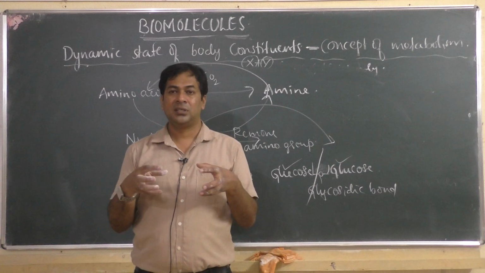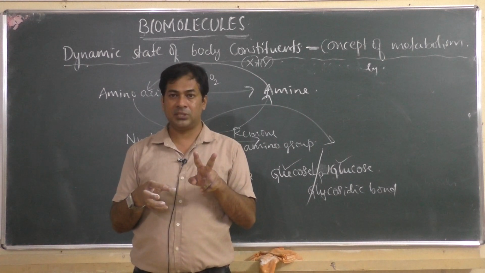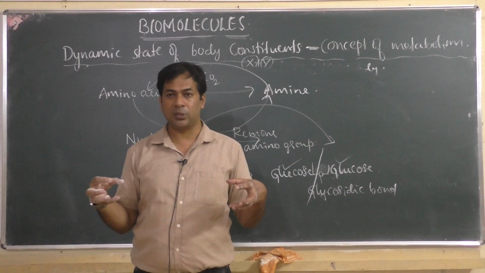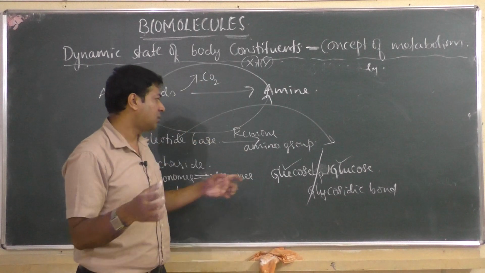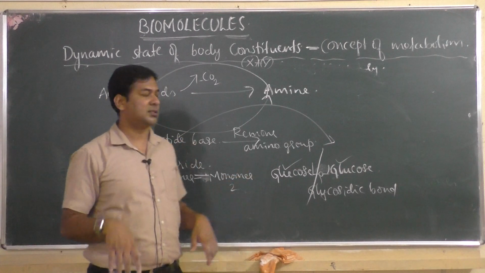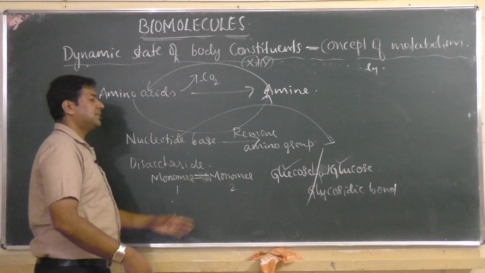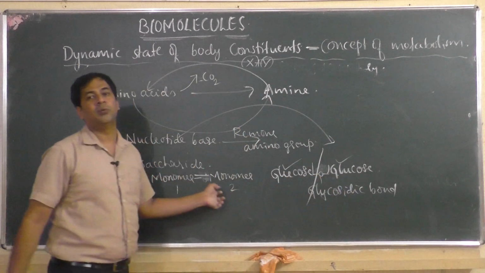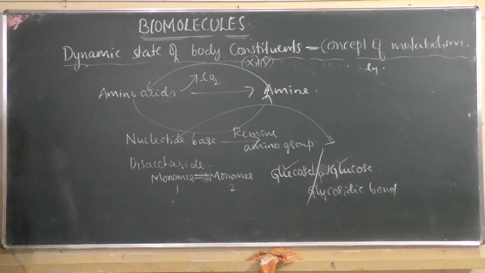When it was a dimer, di means two units, when it breaks it becomes two separate monomers. So disaccharide is changed to monosaccharide, and that is also transformation of one biomolecule to another biomolecule. That is the example, no?